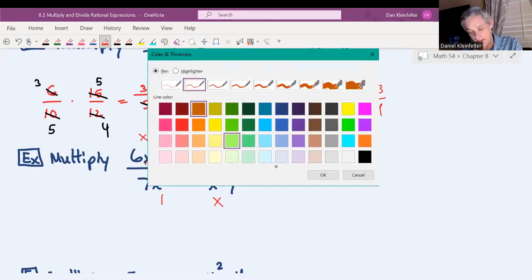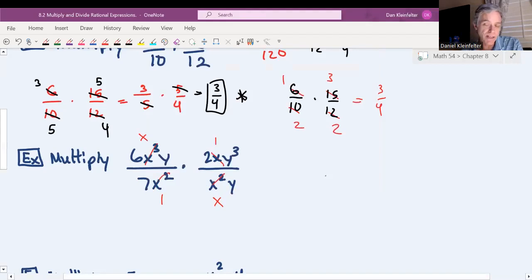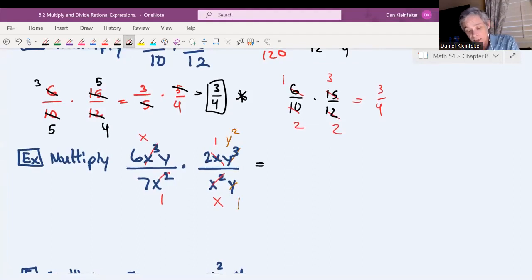Now, on this one, we'll be able to simplify y's as well. We have y cubed over y. When we divide out a y, that will leave us with y squared and then a 1. Okay, so let's see what's left after the dust settles. We'll have 6xy over 7 times 2y squared over x.